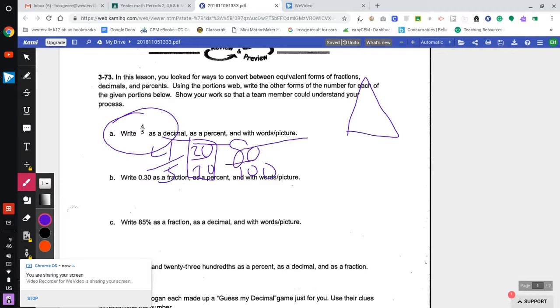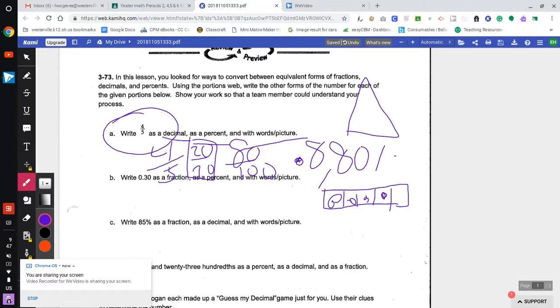So then I could put my decimal as 8/10 or 80/100. You choose. 80%. And then I can choose to write either 8/10, 80%, or 4/5 as a word, or draw a picture. If you just wanted to draw a picture, break it up into 5 pieces, and then you could color them in, and there's your 4/5.